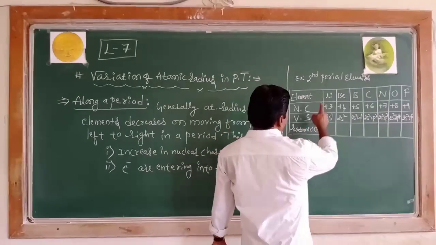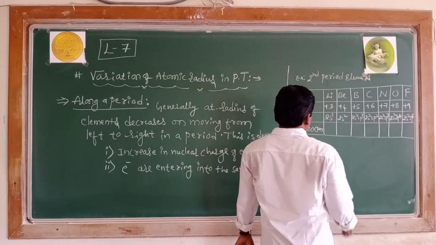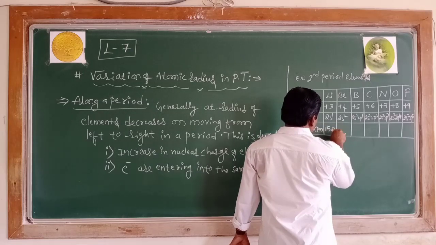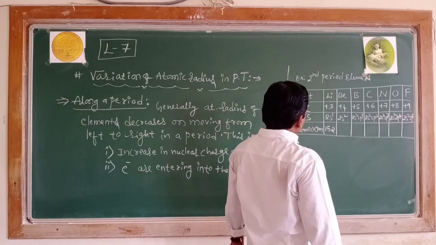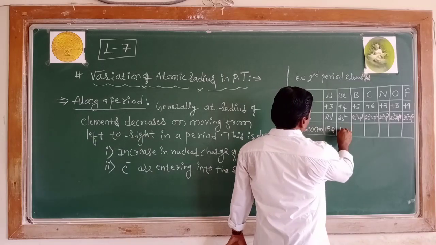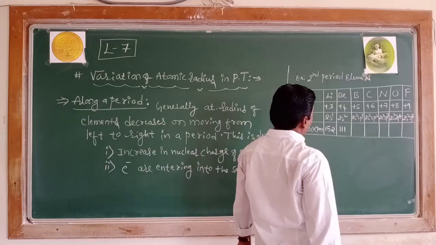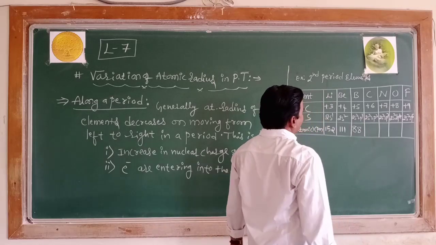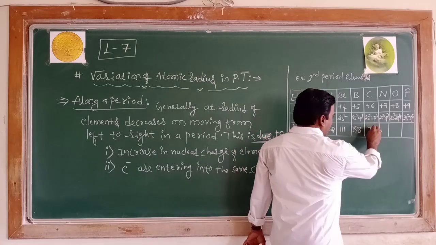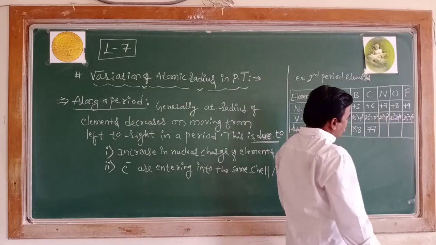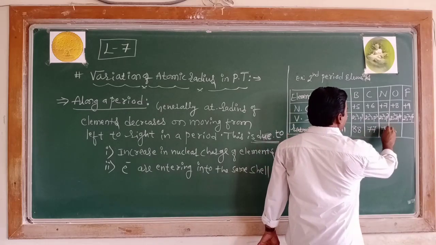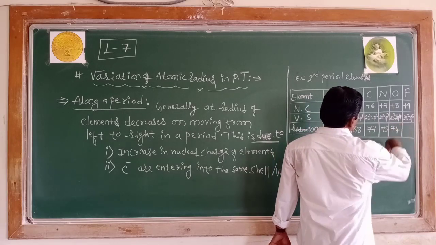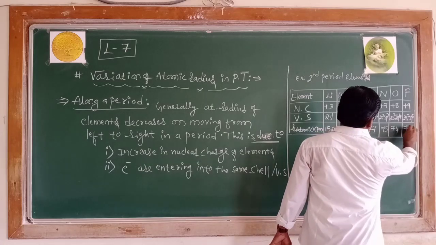Atomic radius of lithium 152 picometer, that of beryllium 111 picometer, boron 88 picometer, carbon 77 picometer, nitrogen 75 picometer, oxygen 74 picometer, fluorine 72 picometer.